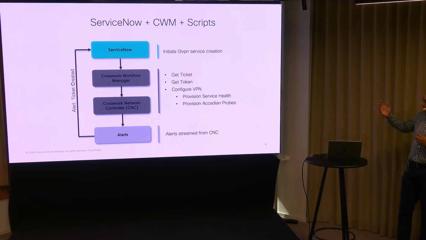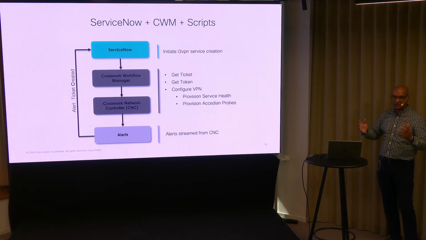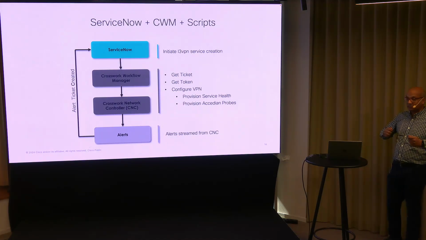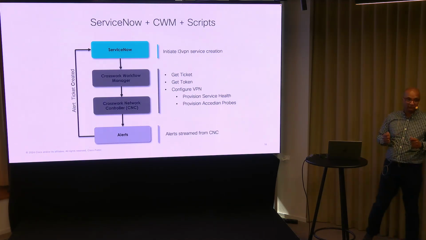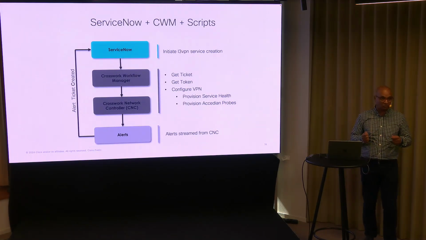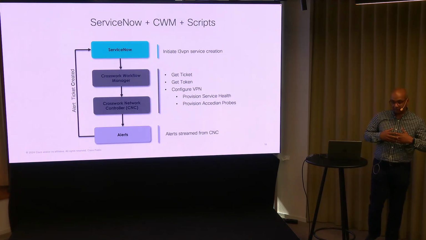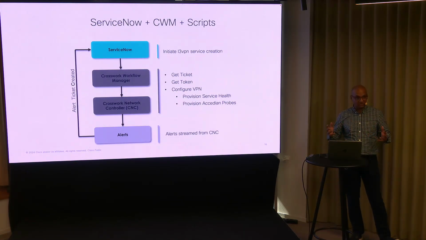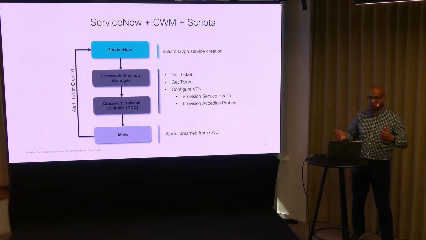The steps for this are where we want to create an L3 VPN, for example. And as part of the creation of the L3 VPN, we also want to enable service health. And not just service health. Now, with active monitoring, with the Exedian probes, you can basically initiate the TWAMP sessions, and you can define the topology of those Exedian probes.